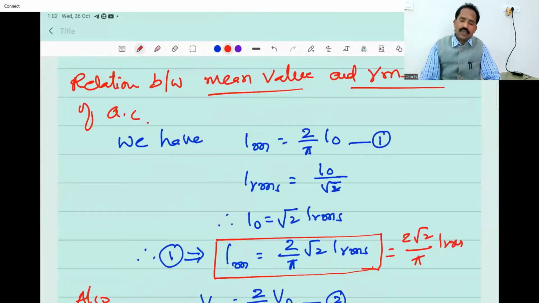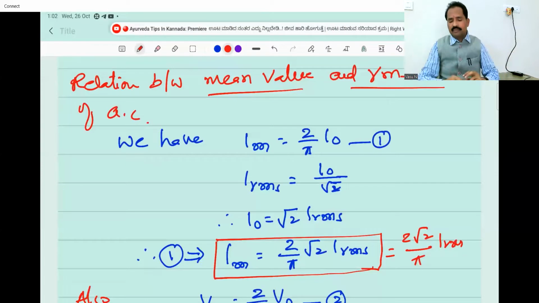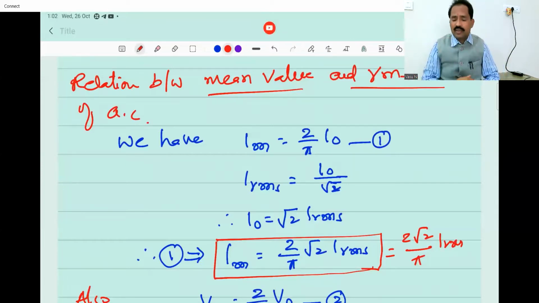There are chances of confusion, children. That's what I am telling: better you remember these equations. Remember one equation, Im is equal to 2 by pi I naught always, or IRMS is equal to I naught by root 2. These are the two very important equations. By using these equations you rearrange. How?